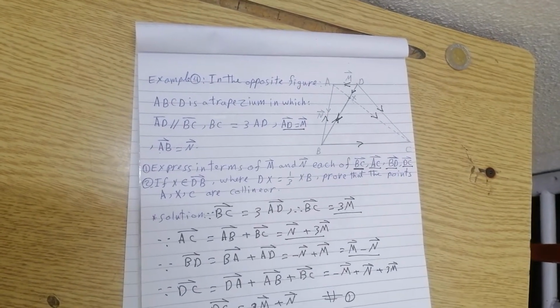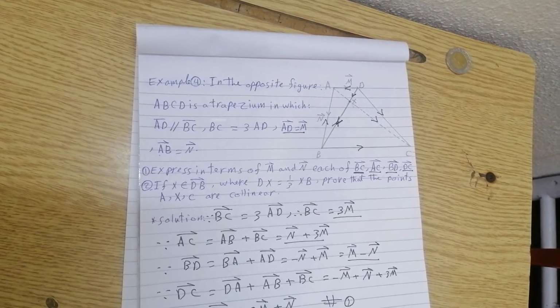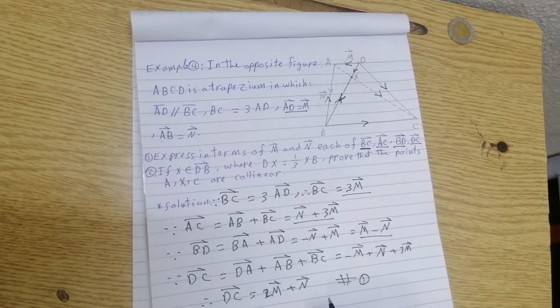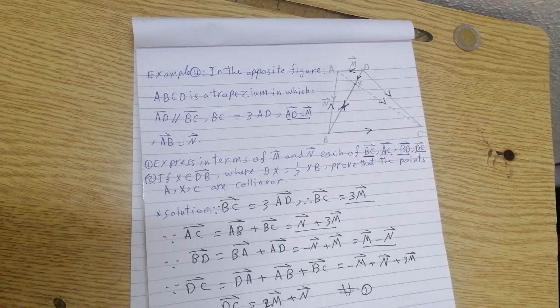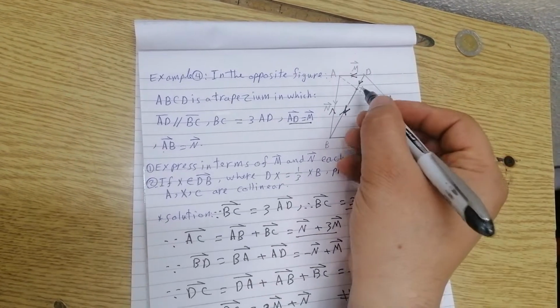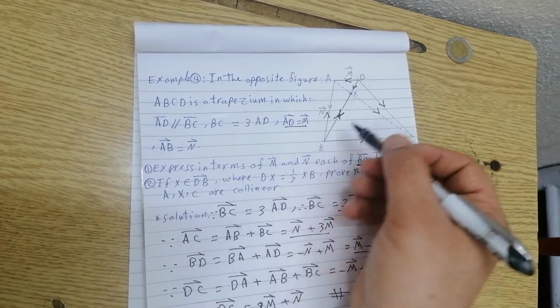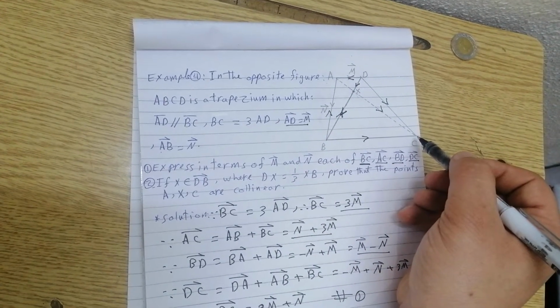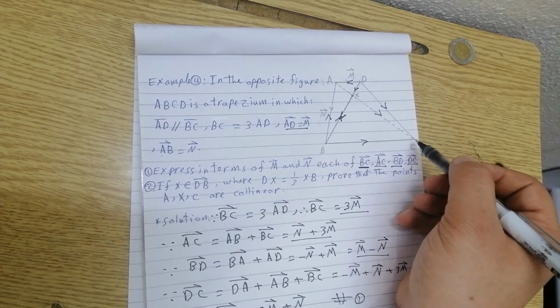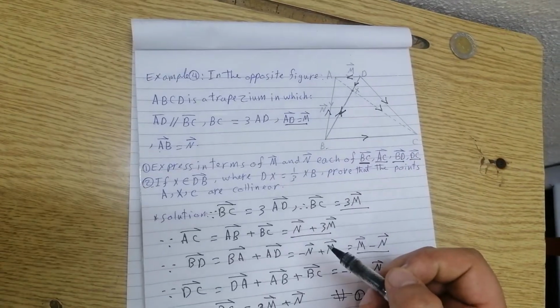We will use two triangles to deduce them. First of all, we will try XB. XB vector equals XC vector plus CB vector.